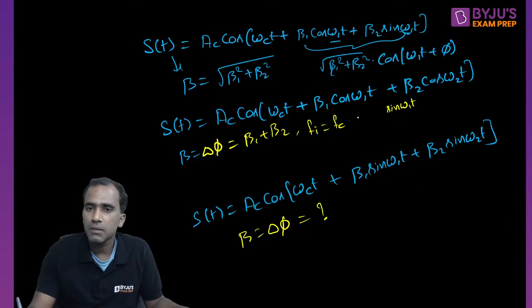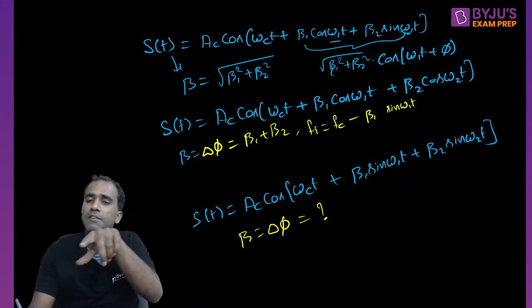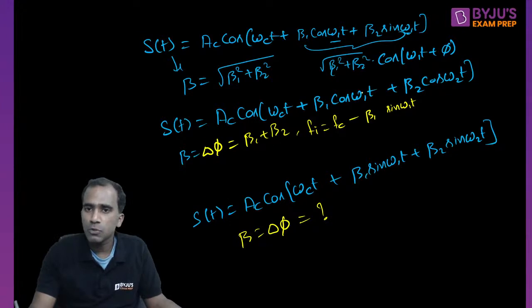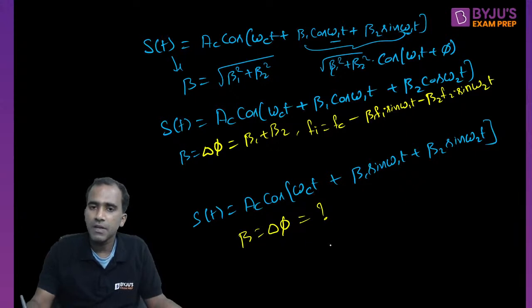Cos differentiation is minus sine, so it becomes beta 1 into omega 1 outside. But when you're finding instantaneous frequency, the formula is 1 by 2 pi times the differentiation of the angle, so you have to divide by 2 pi. Omega 1 divided by 2 pi is f1, beta 1 f1 minus beta 2 f2 into sine omega 2. We got the instantaneous frequency here.